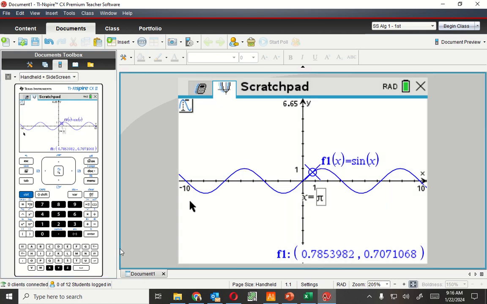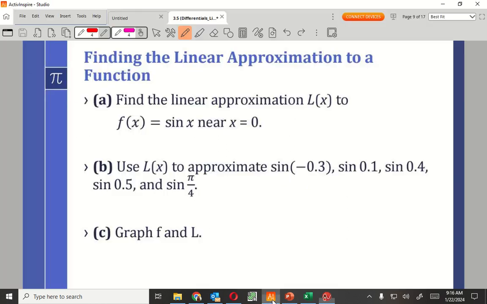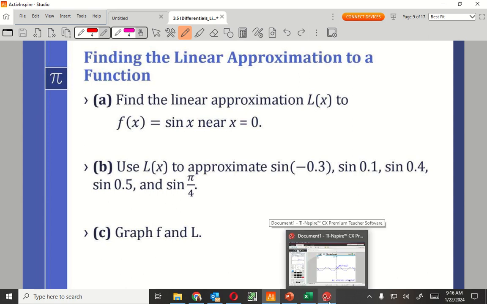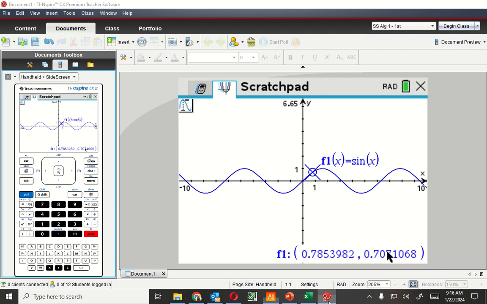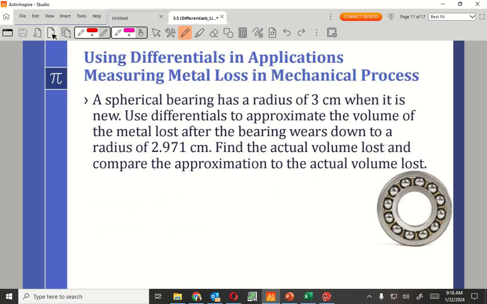Pi over 4. So we're approximating all those. Just had the calculator do it all for us.